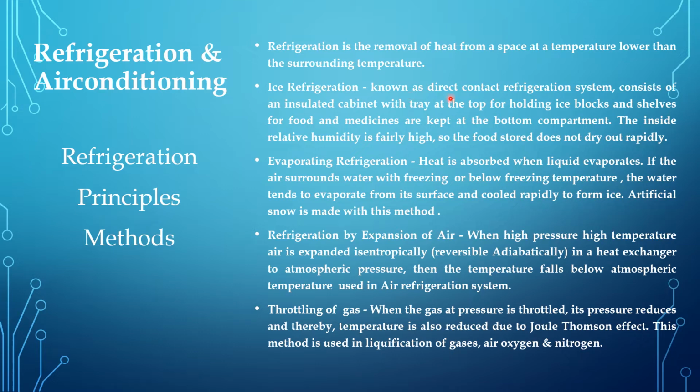Ice refrigeration, known as direct contact refrigeration system, consists of an insulated cabinet with tray at top for holding ice blocks, and shelves for food and medicines are kept at the bottom compartment. The inside relative humidity is fairly high, so the food store does not dry out rapidly.